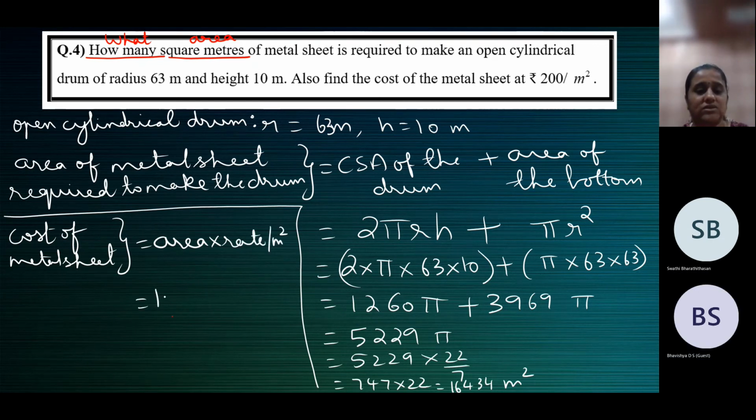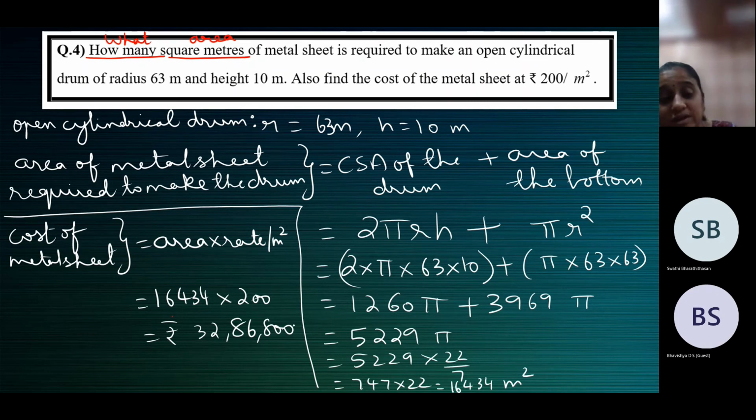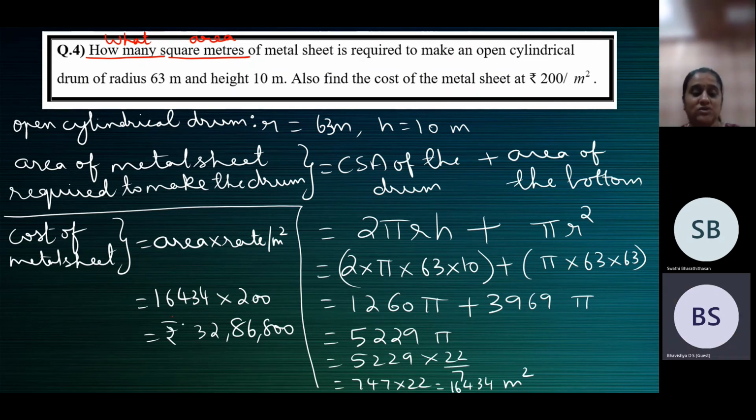So that is 16,434 into 200, equal to rupees 32 lakh 86,800. Yeah, correct. 32 lakh 86,800 rupees. So much is the cost of buying the metal sheet.